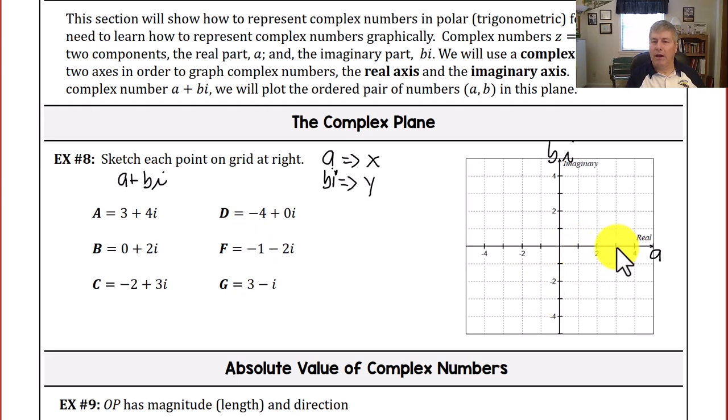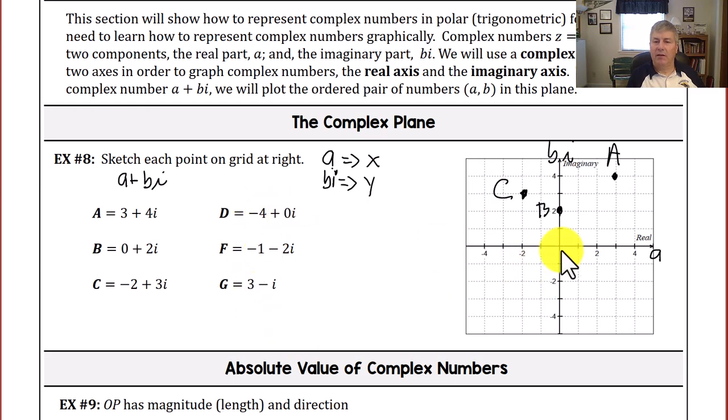So we'll go 3 out on the a axis, or our former x-axis, and we'll go up 4 on our former y-axis, and there is point A at 3 on the real and 4 on the imaginary. Point B is 0 and 2i, that's just going to be right there, B. C is at -2 on the real and 3i. Well, it's going to be right there at C in the second quadrant.